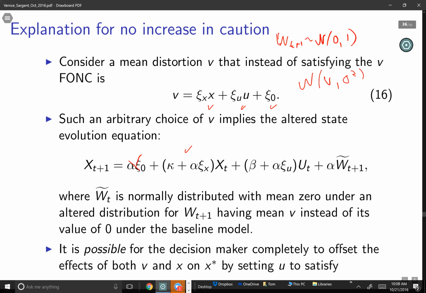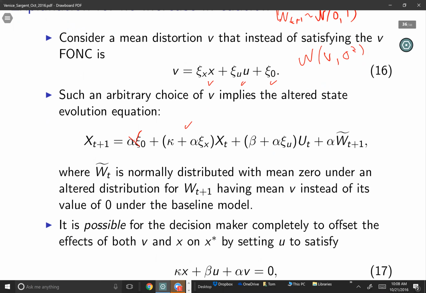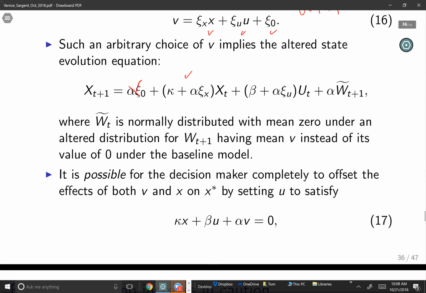Okay. So he does that. Here's the key observation. If that's what the minimizing agent does, then it's possible for the maximizing decision maker completely to offset any of those effects. And he can completely offset those just by adjusting his decision rule.